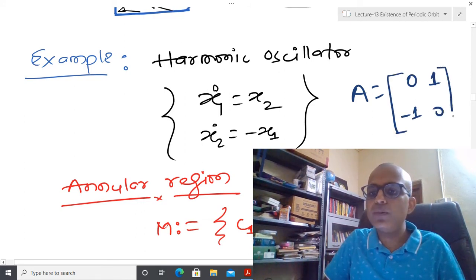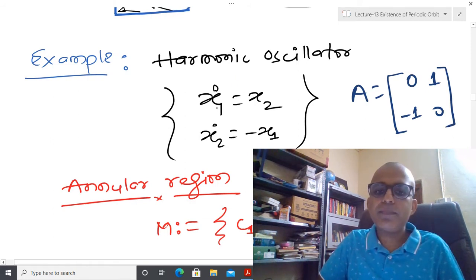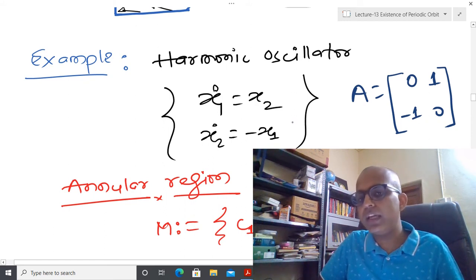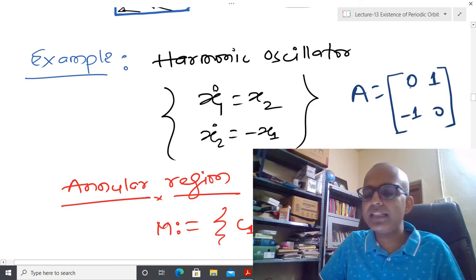Vinay, in this case, this particular system has which kind of behavior: node, focus, saddle, or some kind of orbit? What kind of behavior do we have in this particular case? You can see 0, 0, -1 and 1 I have.